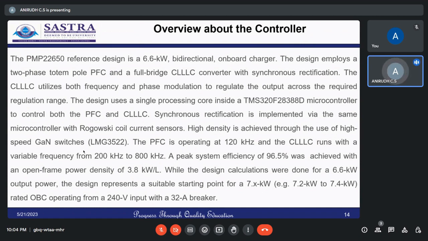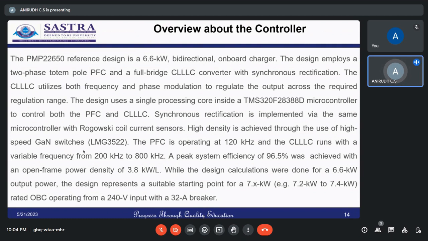The synchronous rectification is implemented via the same microcontroller with Rogowski coil current sensors. High density is achieved through the use of high-speed gallium nitride switches, which are semiconductor devices. The PFC operates at 120 kilohertz, and the CLLC runs at 200 kilohertz to 800 kilohertz. The peak system efficiency is 96.5%, achieved at an open frame power density of 3.8 kilowatt per liter.